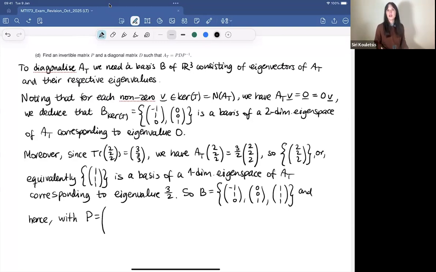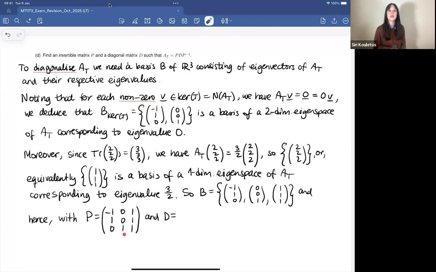And now we can write down our invertible matrix P. We simply put these vectors from our basis B as the columns of P. And notice here that once we have committed to this ordering of the eigenvectors, then we have no freedom in how we write D, because now you have to have the corresponding eigenvalue.